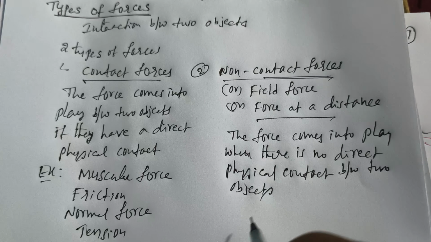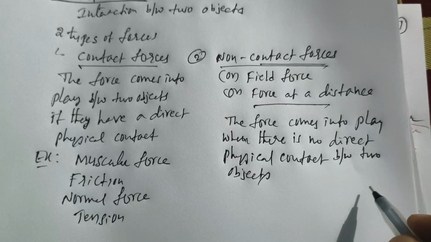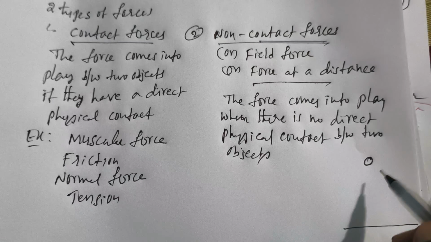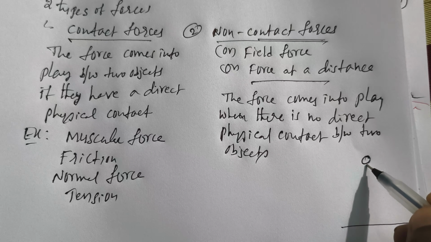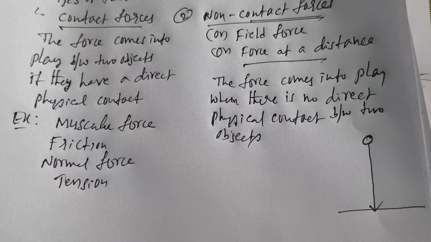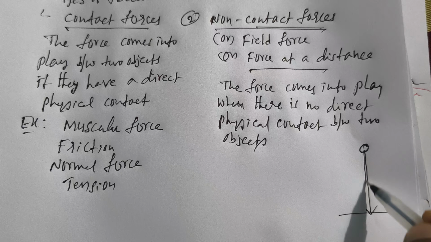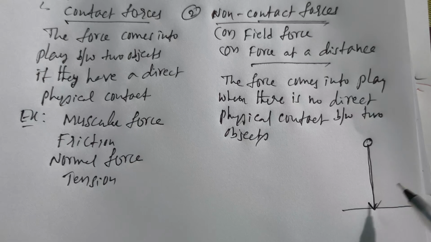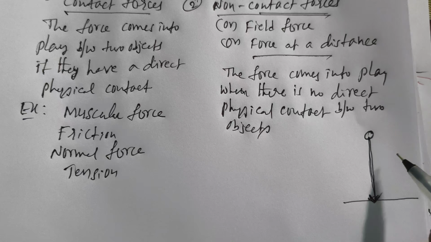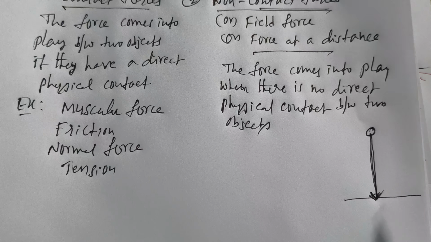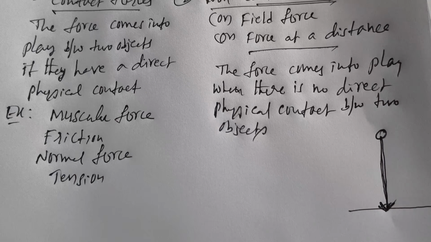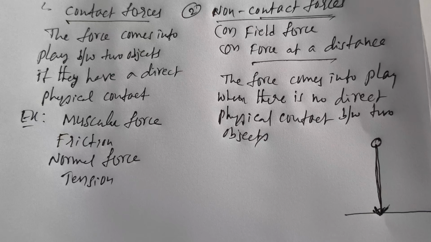Similarly, when we drop a ball or any object from a certain height, the ball falls down. As we know, the earth has gravitation. Earth pulls the object down. That force we can call the gravitational force or force of gravity.